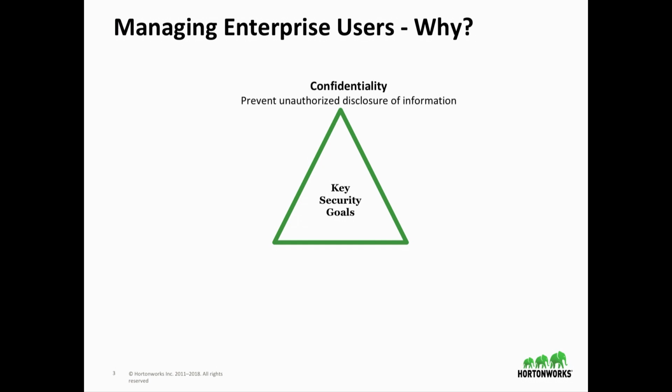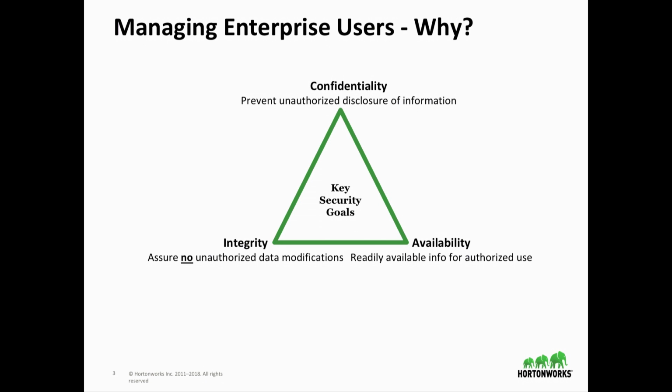As you know, CIA stands for confidentiality, which basically says only the users who have the right access should be allowed to look at the information. And integrity, which means that data should not be modified by users who don't have access. And availability.